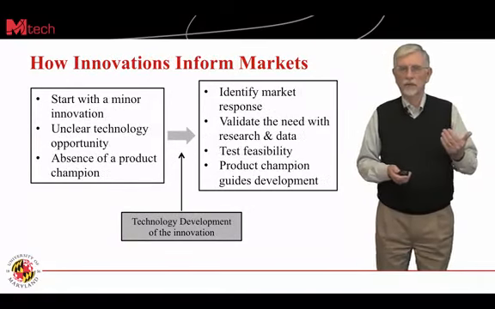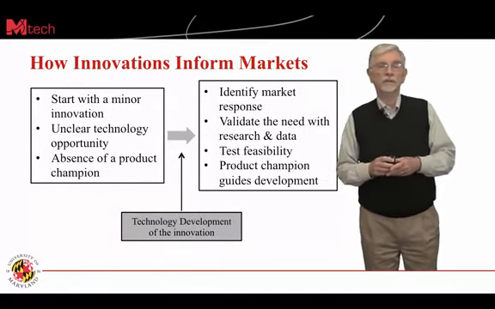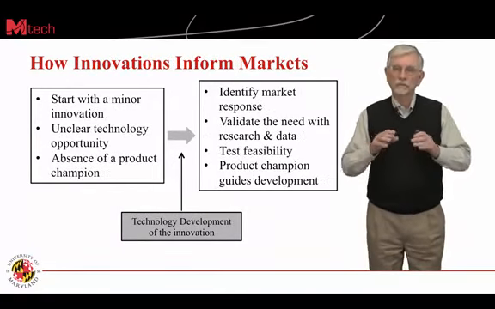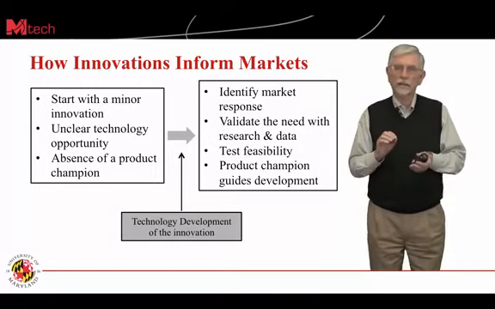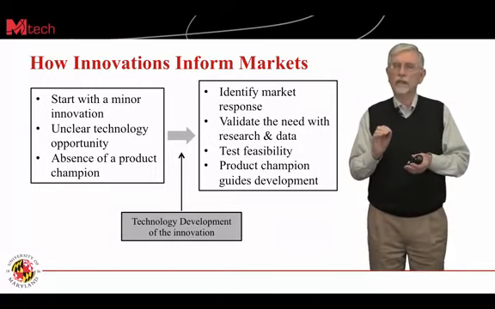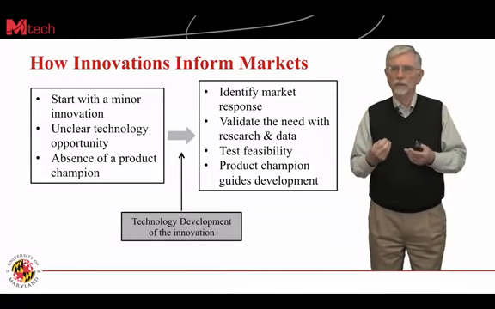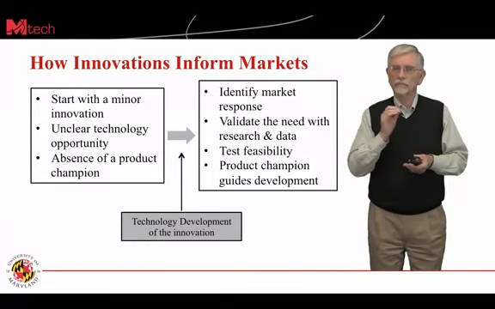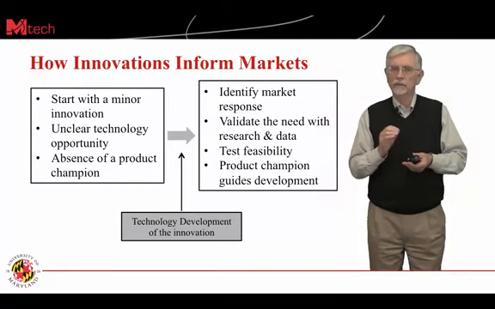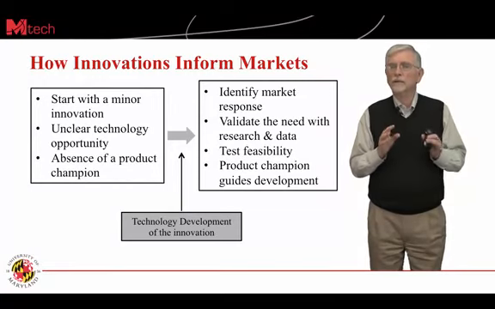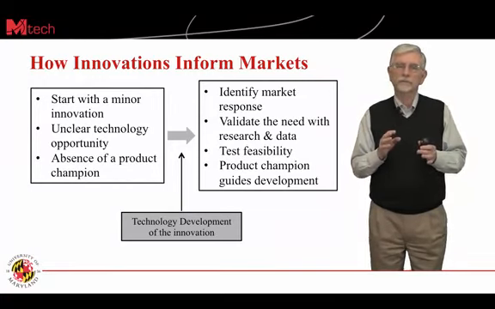And the other side of this is how innovations actually inform markets. So this is kind of like a technology push. You're putting a technology out there in the marketplace and you're showing people in the marketplace how well something works. And so what you've really got to be able to do, you can start with a minor innovation that maybe is very workable, but it's not clear what the technology opportunity is.